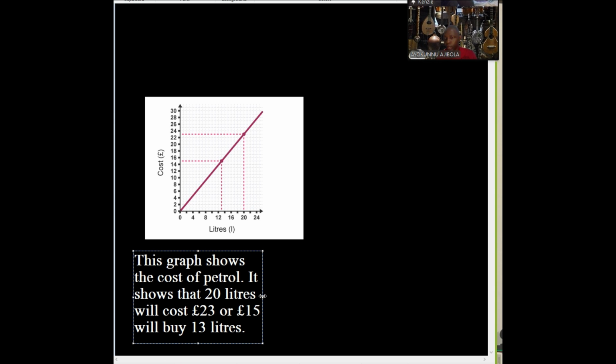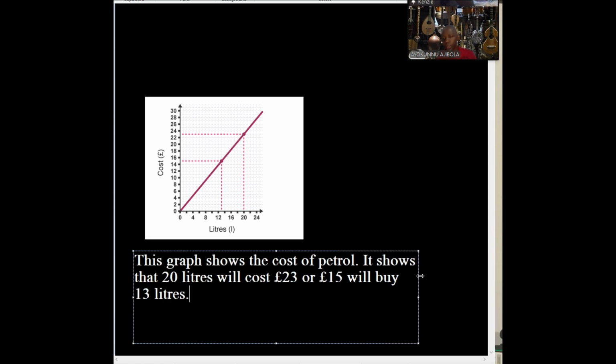It shows 20 liters will cost 23 pounds, or let's say 15 pounds will buy 13 liters of fuel if we check it on the graph. So this is the interpretation of this graph.